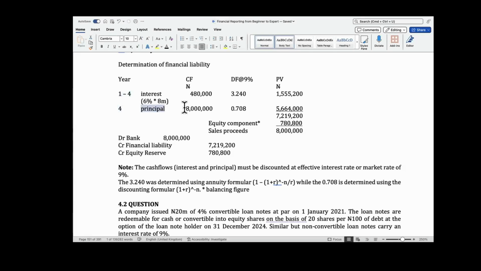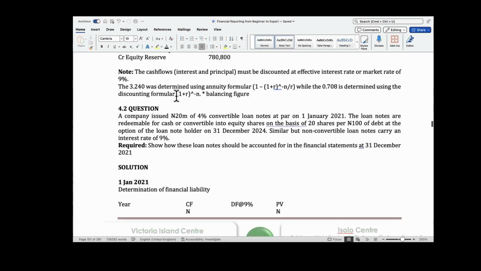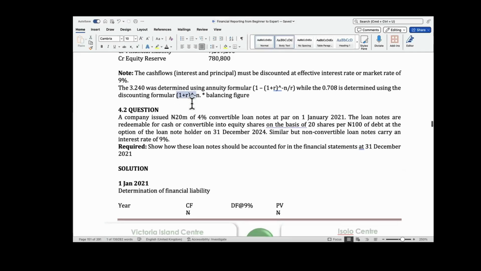And the present value of the principal: first, the principal is 8 million. To discount that, since it is just a future value, you simply use this formula to get the discounting factor, 1 plus r raised to the power minus n.